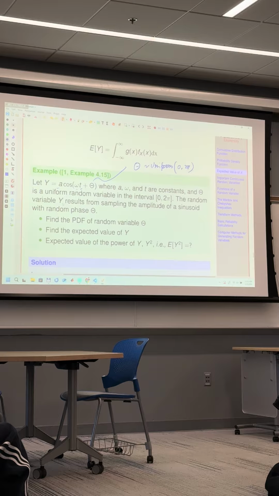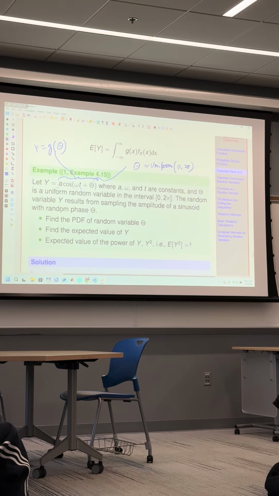The random variable Y is now a function of another random variable. It results from sampling the amplitude of a sinusoid with random phase. Find the PDF of the random variable.